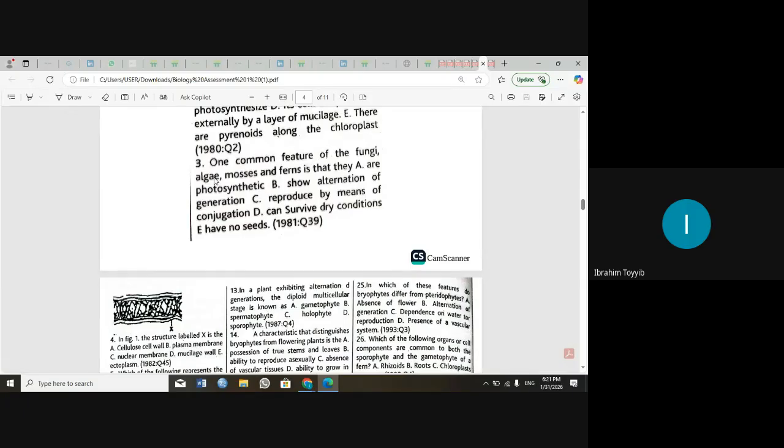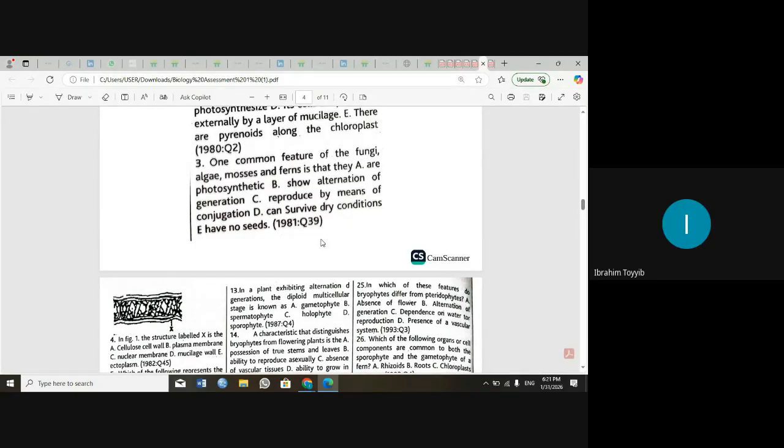Look at it very well. Produced by means of conjugation? The first, photosynthesis; short alternation of generation; reproduced by means of conjugation; can survive dry conditions; have no seeds. What's the answer?